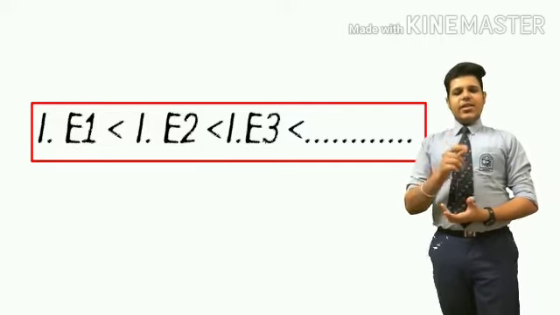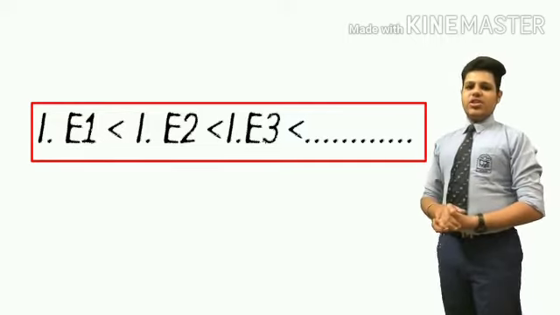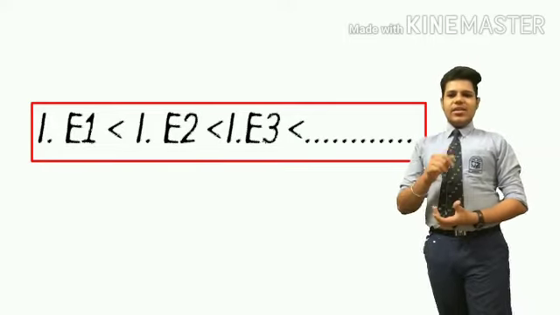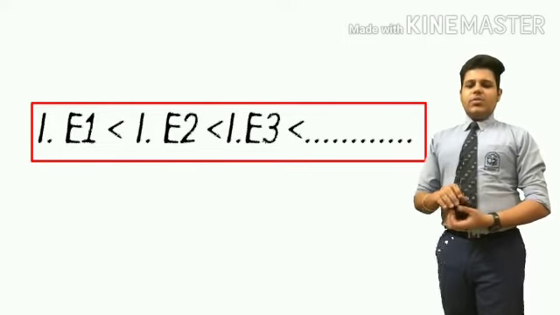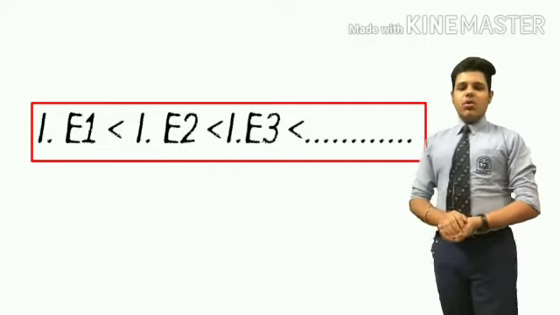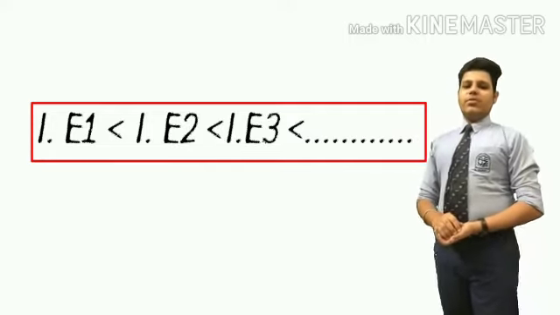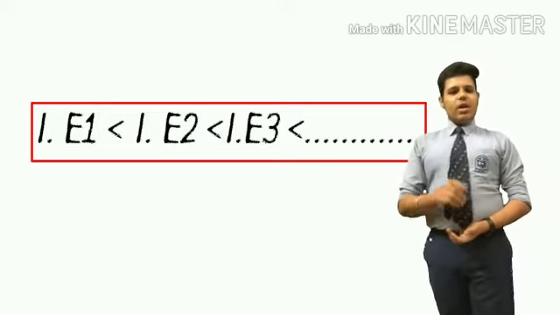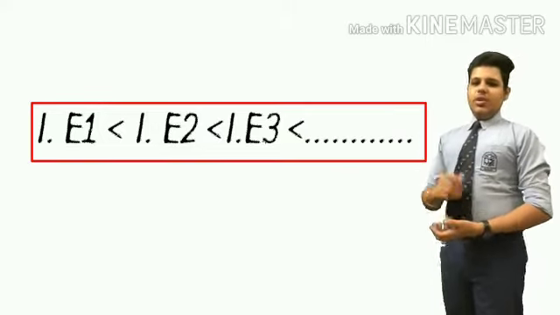As the size decreases, ionization energy increases, because the outermost shell comes closer to the nucleus, so it is very difficult to remove the electron from there. So successively, ionization energy value increases.